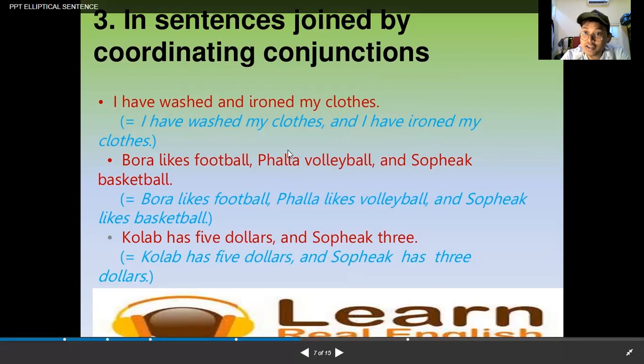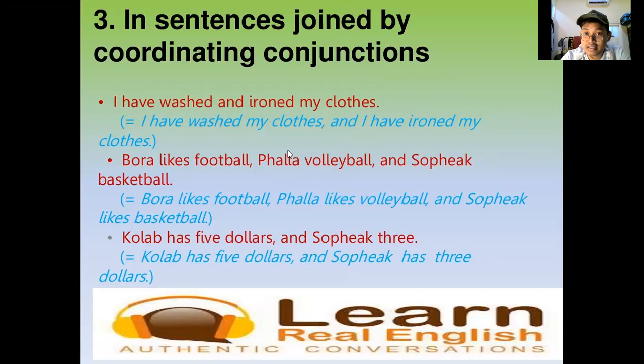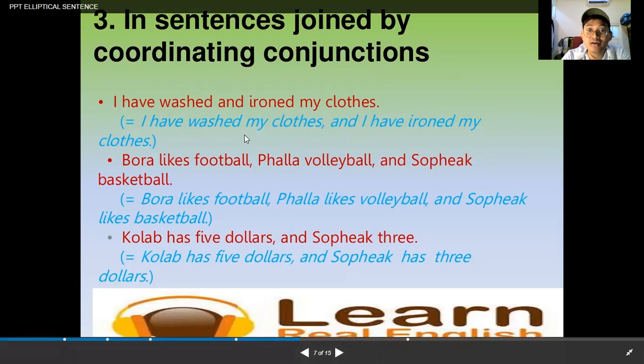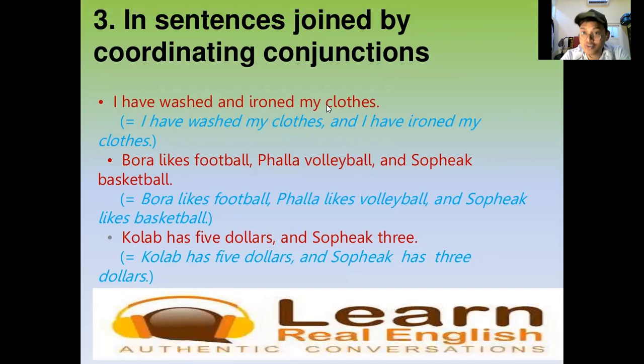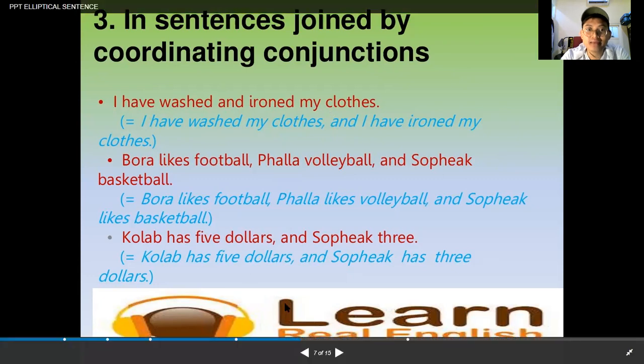So you can use an elliptical sentence in this case because it's joined by coordinating conjunctions, and is one of the coordinating conjunctions. Instead of the long version, you can say, I have washed and ironed my clothes. Simple, much shorter, right? The rest of the examples you can read by yourself.